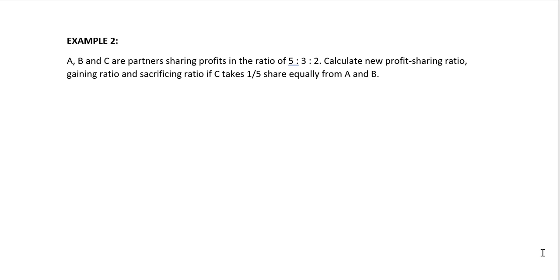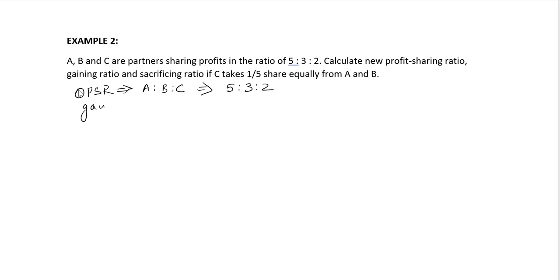Calculate the new profit sharing ratio, gaining ratio and sacrificing ratio if C takes 1/5 share equally from A and B. Again, old profit sharing ratio between A is to B is to C is equal to 5:3:2. C takes 1/5 share equally from A and B.